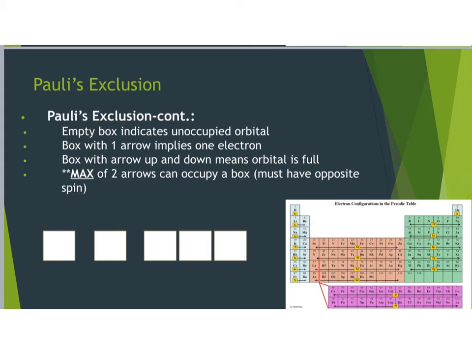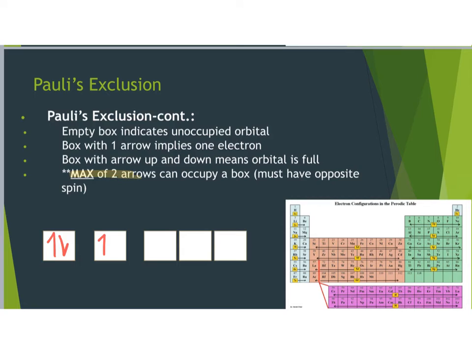So again, if I come in here and I draw something like this, that tells me that this orbital is full because I have 2 electrons. Something like this means that that orbital only has 1. And then when we look at these 3 boxes here, this orbital is empty because there are no arrows drawn in there.